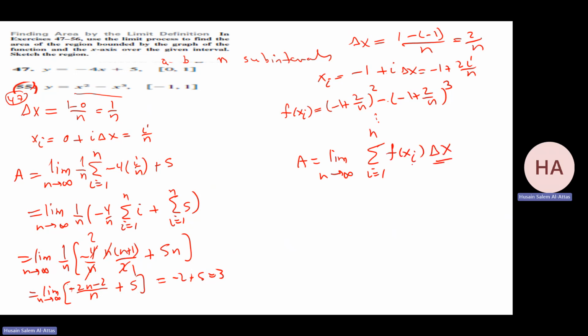You know delta x, you can take it out. This is 2, i cubed, you do the formulas, you get the answer. And the answer is 2 over 3.